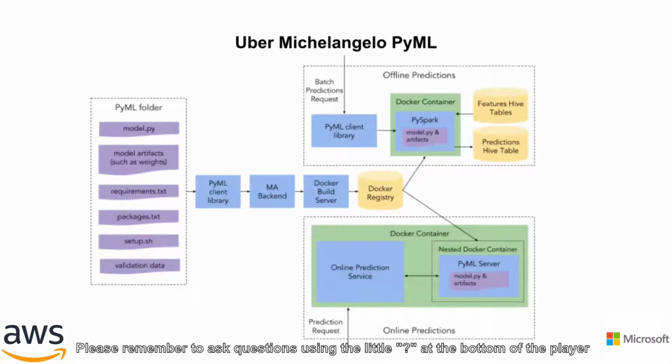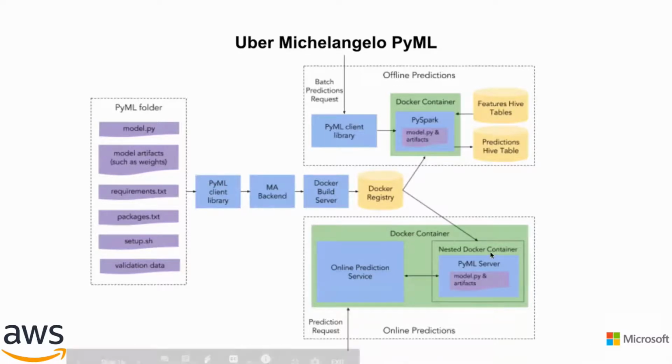So this is PyML. It's still a system on Michelangelo. This is another approach to deploy models. From the data scientist's context, you can send your model straight to a Docker registry, and it's productionized.